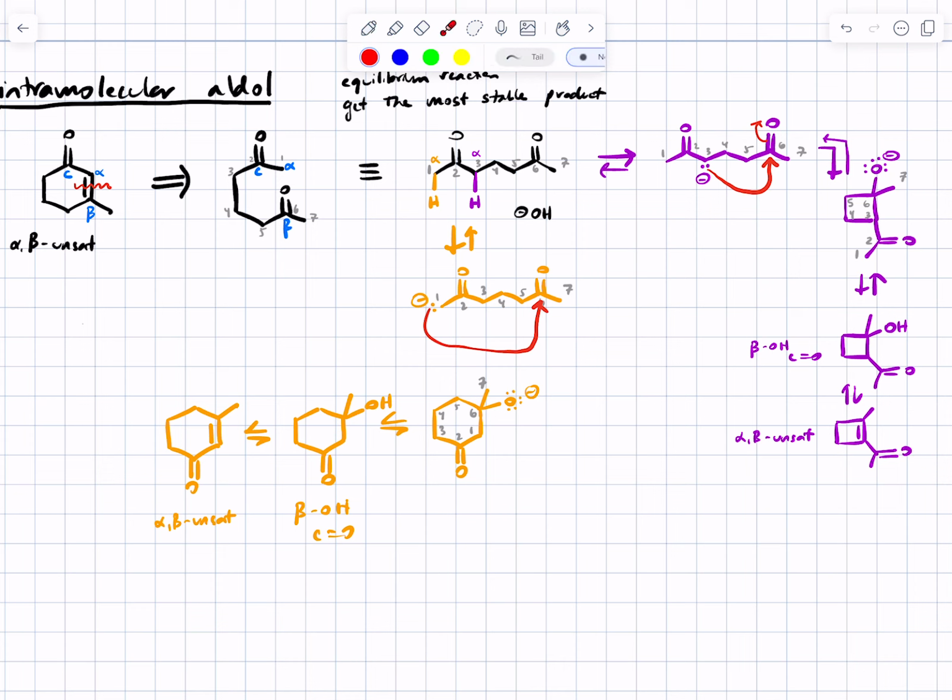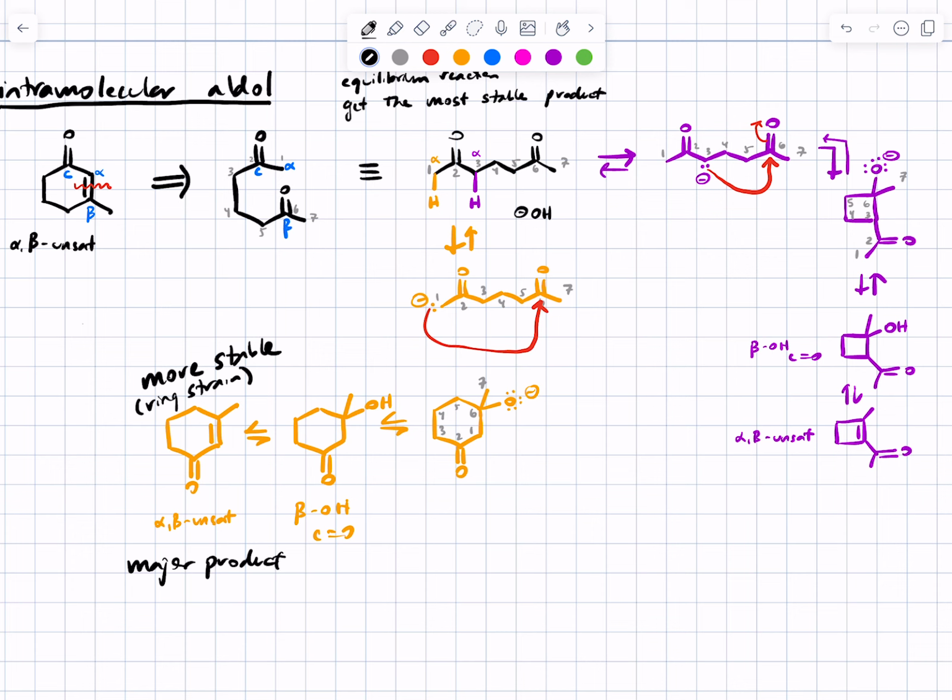Everything's in equilibrium. The only thing that matters is which is the more stable product. The 6-membered ring is more stable than the 4-membered ring because of ring strain. So this is the major product.